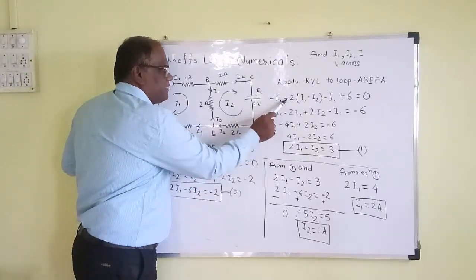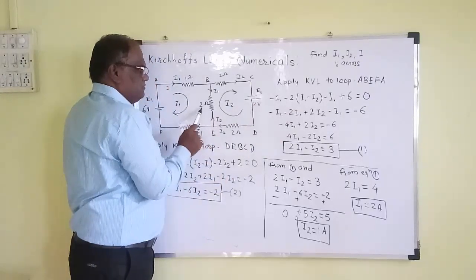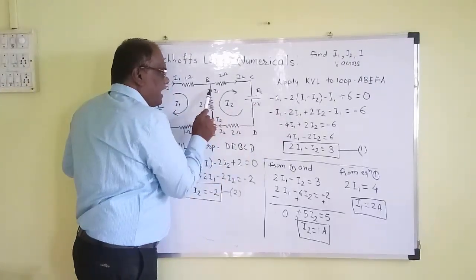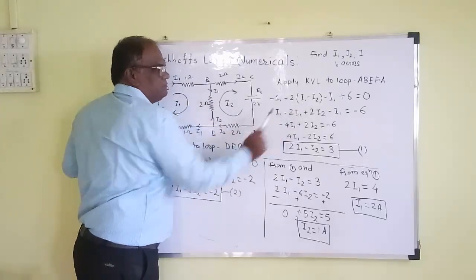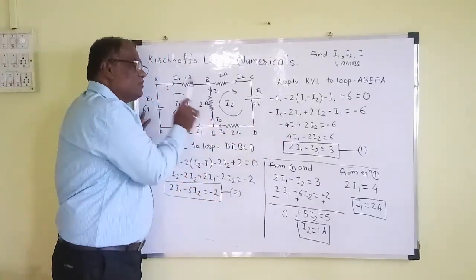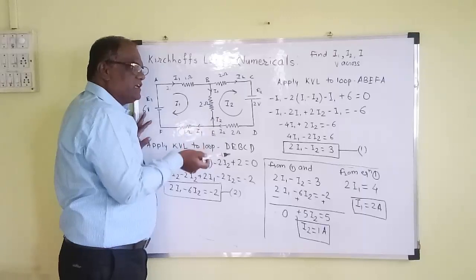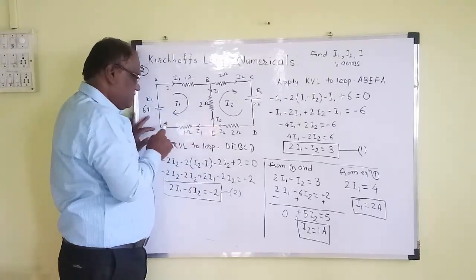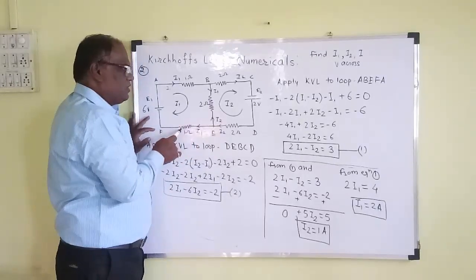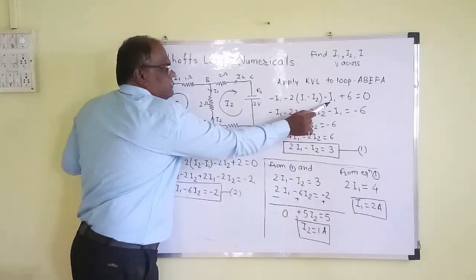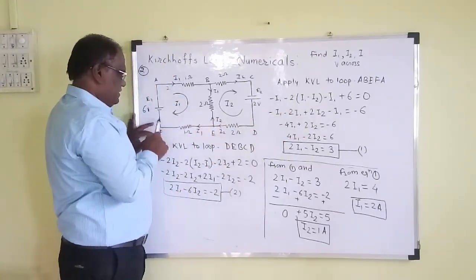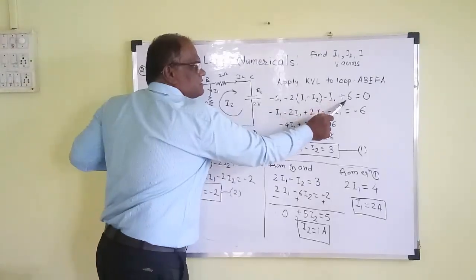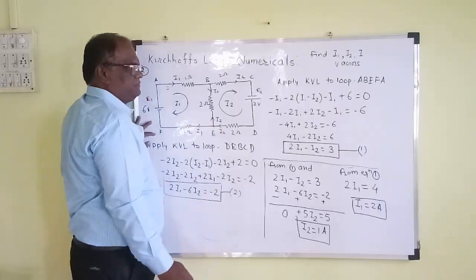Hence the potential difference is written as minus 2 times I1 minus I2, because we are moving in the direction of I1. Hence I2 is taken as negative. From here again we are moving in the direction of current I1. Hence minus 1 I1. Here from negative to positive terminal, plus 6 is equal to 0.